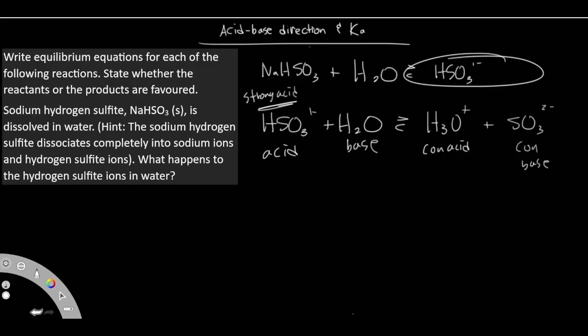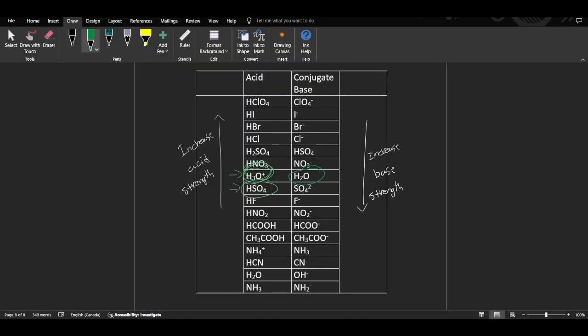So let's write that down. This here, again, is going to be a stronger acid. This here is going to be weaker. Let's confirm with our SO3 2- and our H2O. As you can see, we have our H2O. We don't have our SO3, but at least we have an SO4, which is going to be quite similar. And as you can see, our SO3 2-, or in this case the SO4 2-, is stronger.